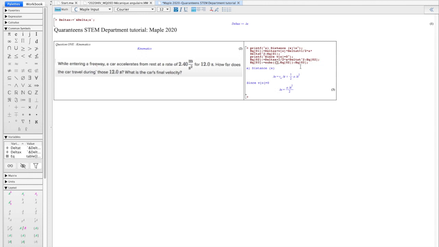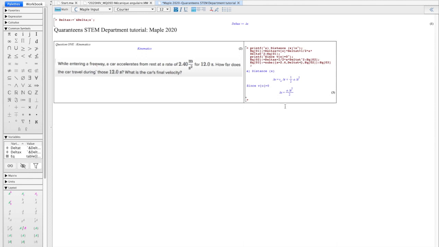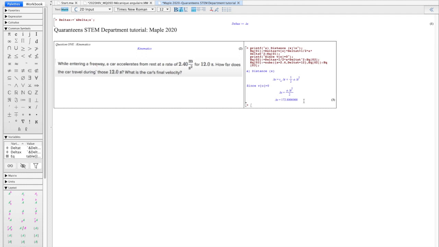But this is just to name it, to keep more organization in all of this. So the values we have here: our acceleration, which is 2.4, and our delta t, which is equal to 12 seconds. Make sure that everything's good, and we press enter, and this is our answer.